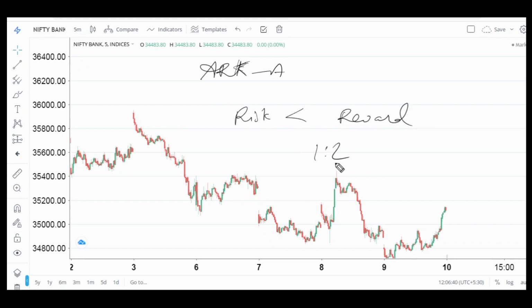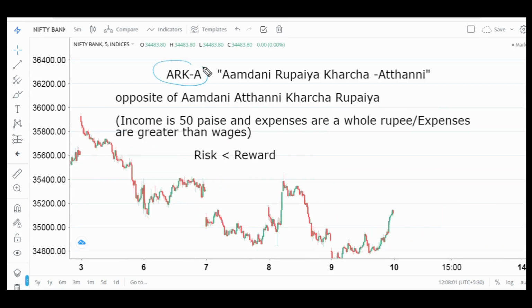Like everyone likes to have 1:2 or 1:3 risk reward ratio, etc. So this name defines risk reward ratio only, and this is its full form. So ARK-A means आमदनी रुपया खर्चा अठन्नी. As you all know, in our routine life, people say that our income is less and our expenses are more, but here I have reversed the words.